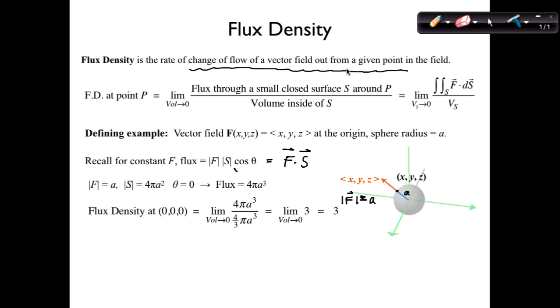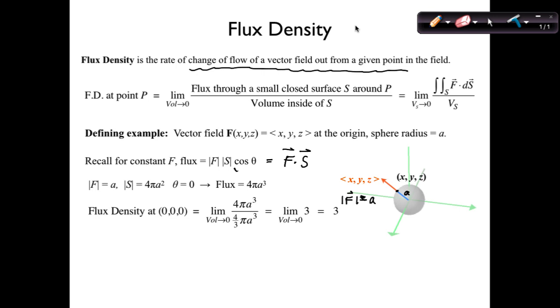Remember, vector fields have 2 types of derivatives or rates of change: curl and divergence. This would seem to be like divergence, right? Rate of change out from a point, a tendency of expansion or contraction. So what do you notice?